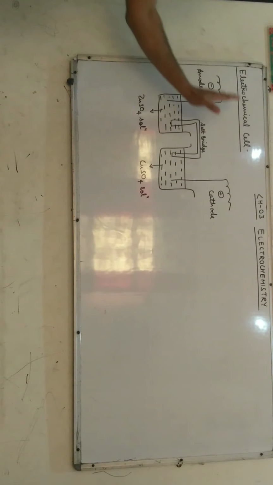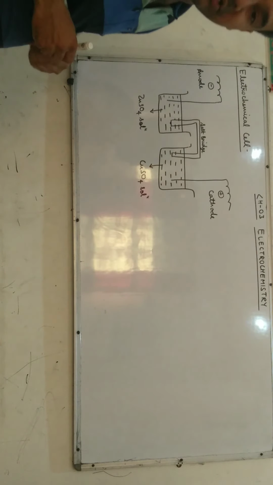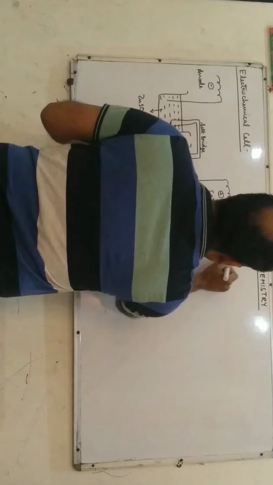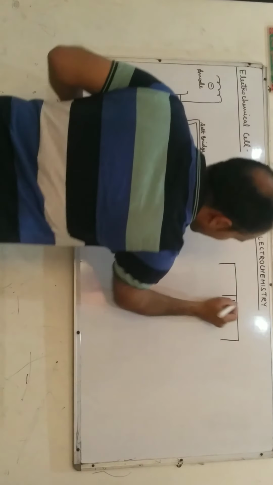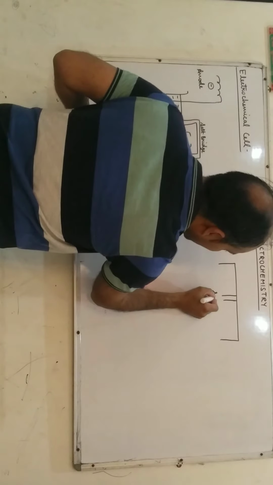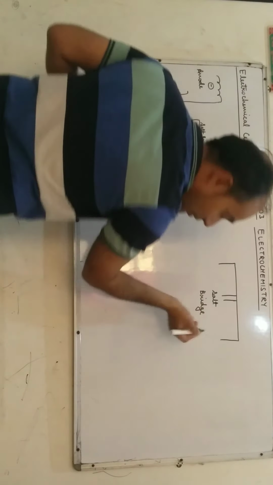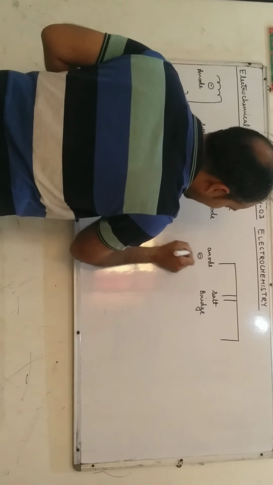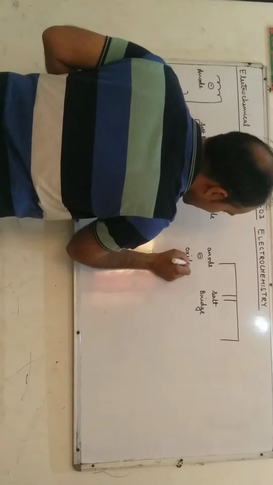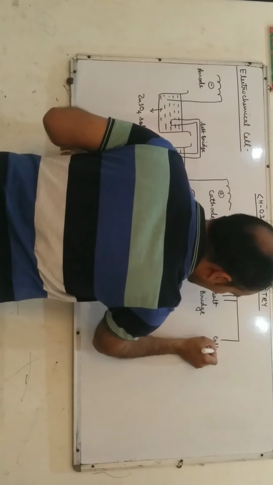So this is the simplest way by which we can represent electrochemical cell, in a very simple method like this. These two parallel lines indicate salt bridge. Your left hand side terminal is called anode. It is the negative terminal at which oxidation takes place. The right hand terminal is called cathode.